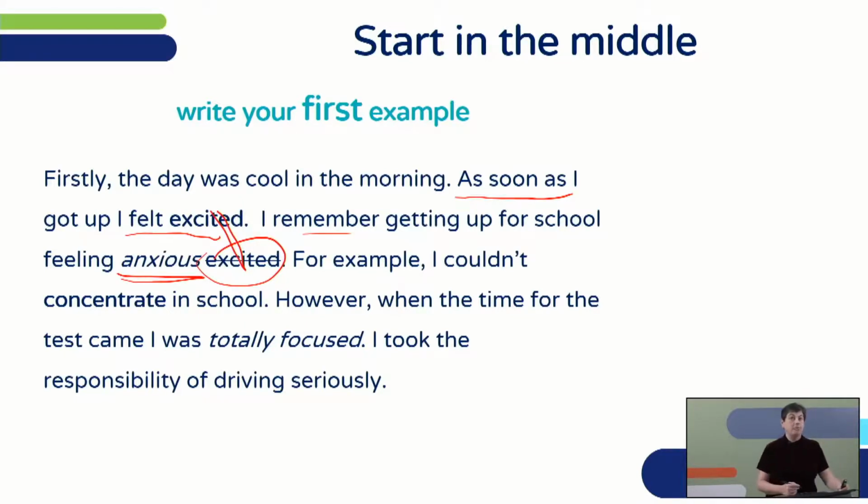There are lots of words that mean excited. If you've got words that you know you might want to use, you could look up a few synonyms, or other words that have the same meaning, before you get into the test. So there I've got in my first 2 sentences how I felt, what the day was like, 3 sentences.